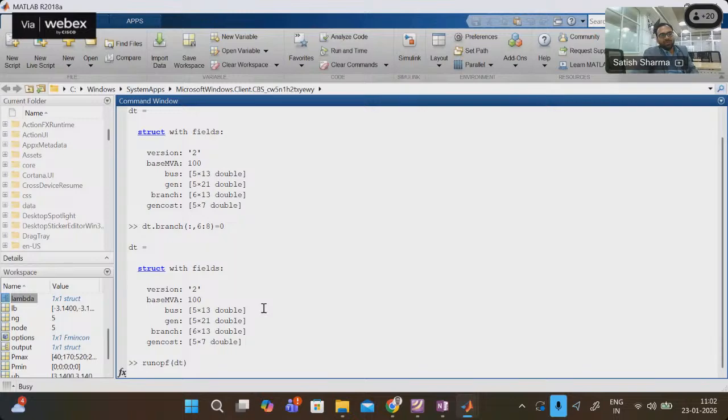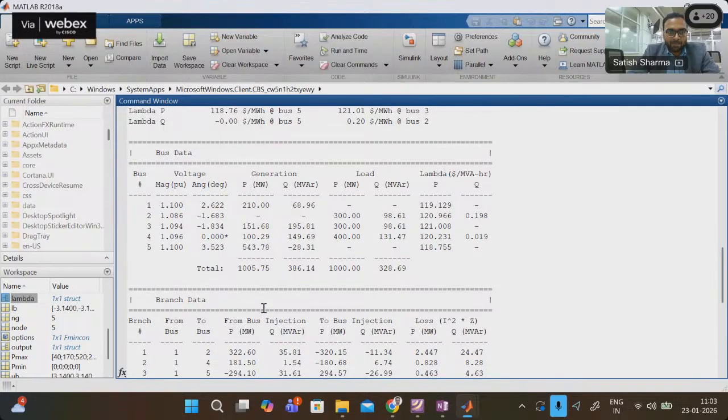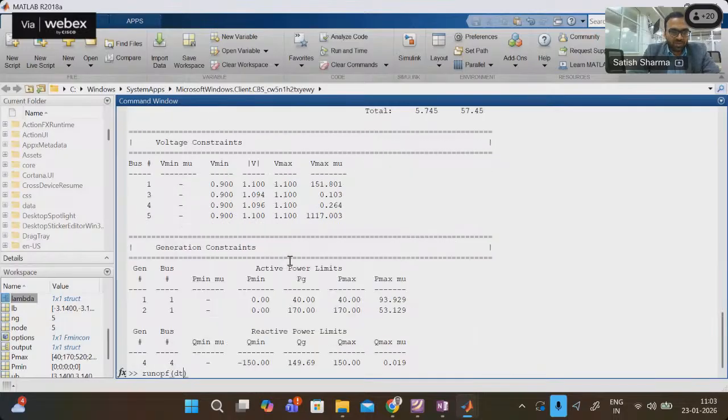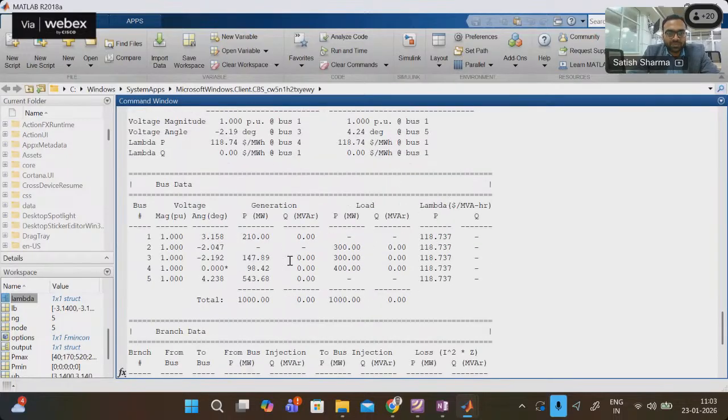Let's see if we are getting the same result or different. Okay, we are solving DCOPF. Let me put DCOPF and solve it. We are getting some result here: generator 1, generator 2, generator 3, and some generation is there.